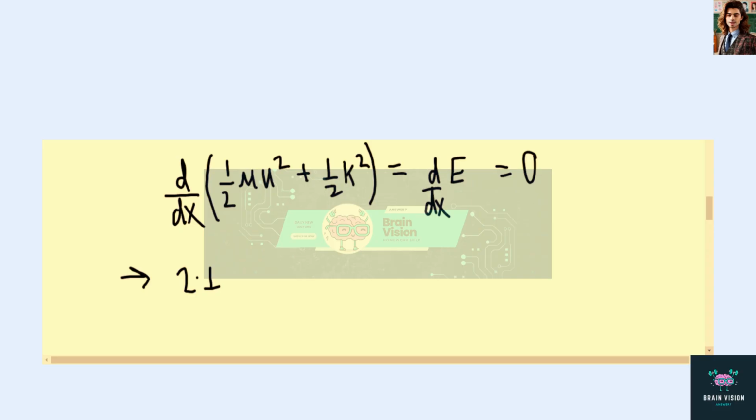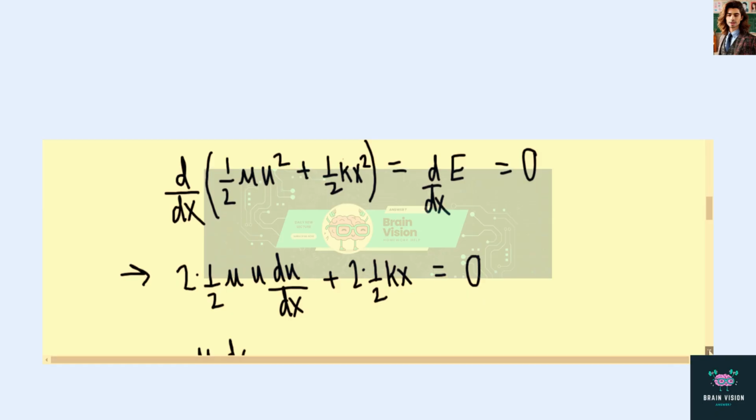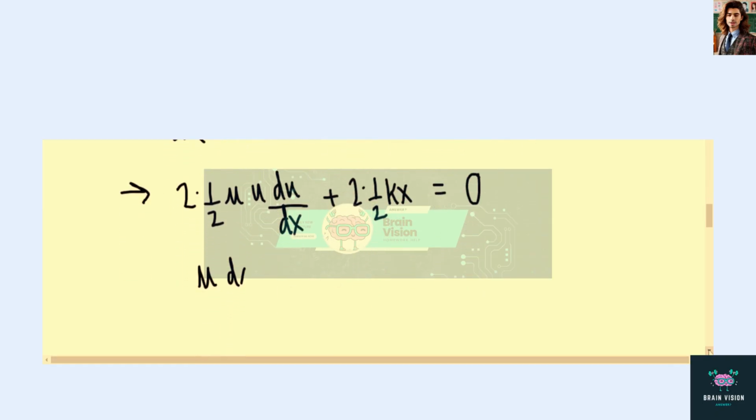We can take the derivative of the entire equation, and that derivative will equal 0. When doing that, the kinetic energy will look as follows for its derivative, as will the potential energy that we see in this first line after the arrow.